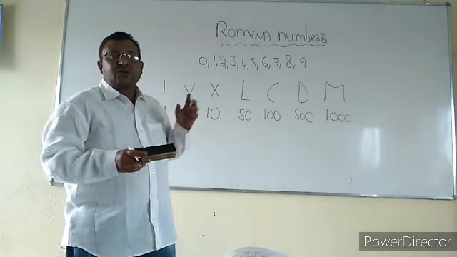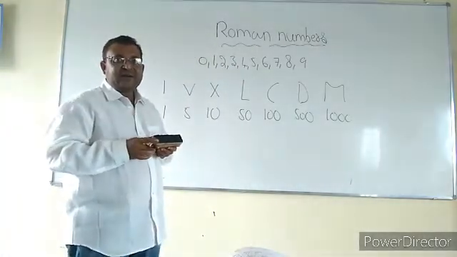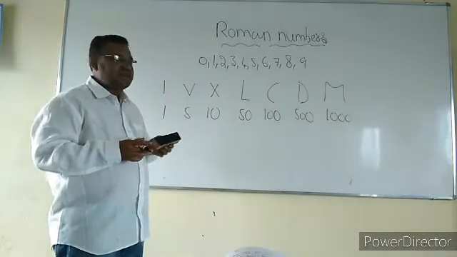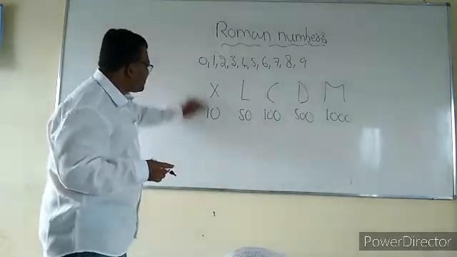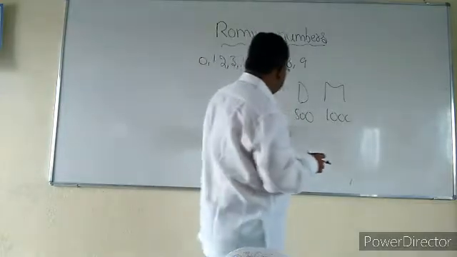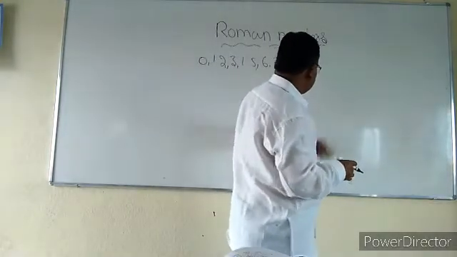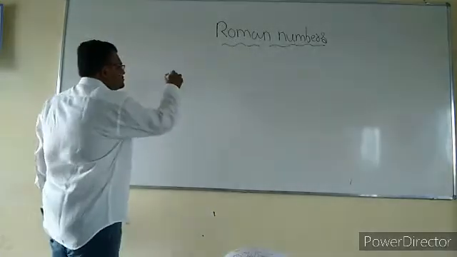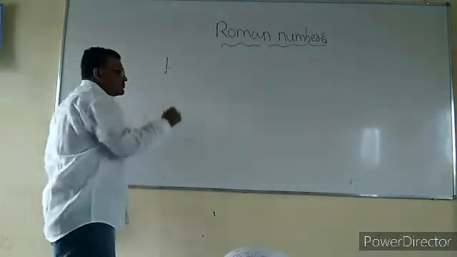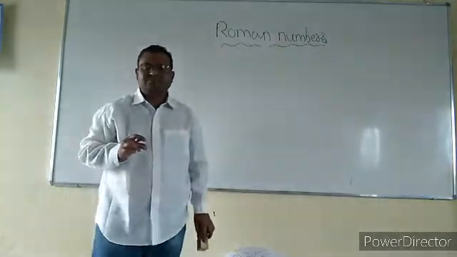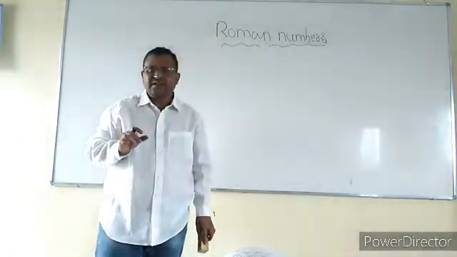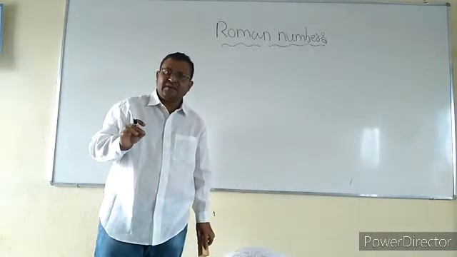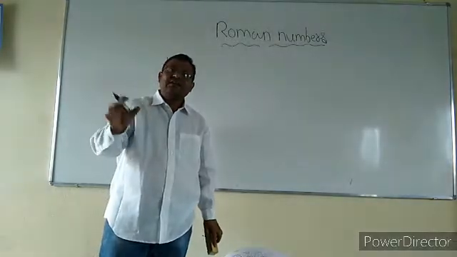And now what are the rules to write numbers in the Roman system? The first rule: there are 7 symbols in the Roman system, and any symbol should not be used more than 3 times.